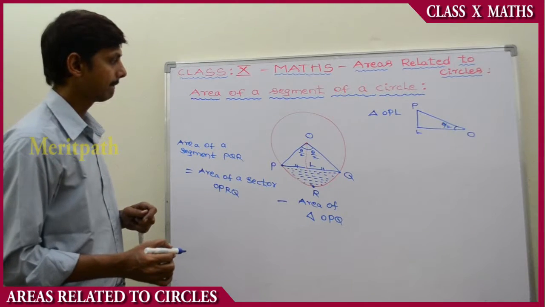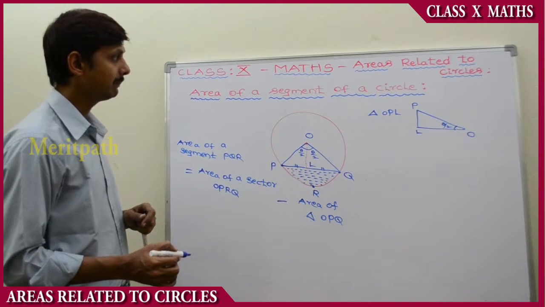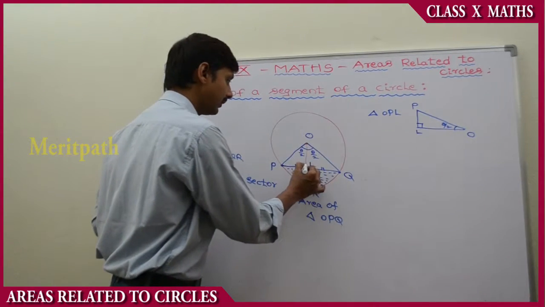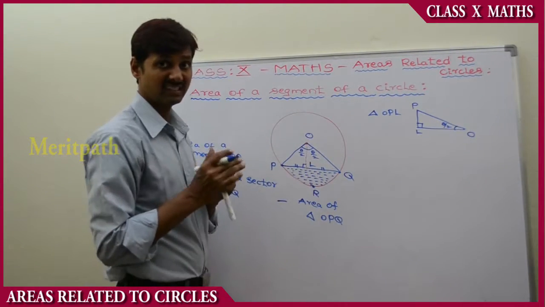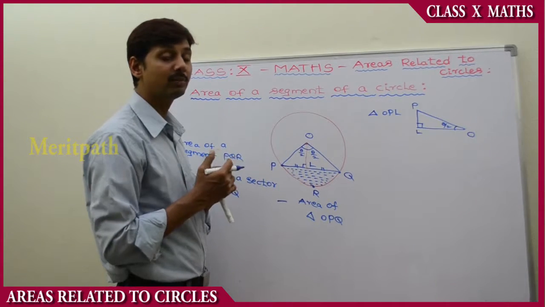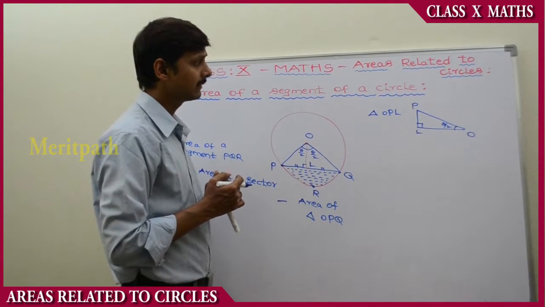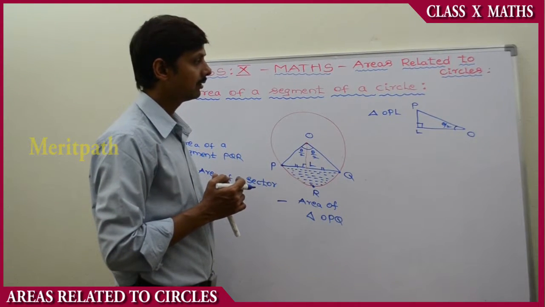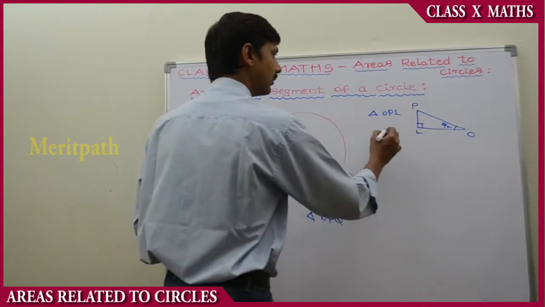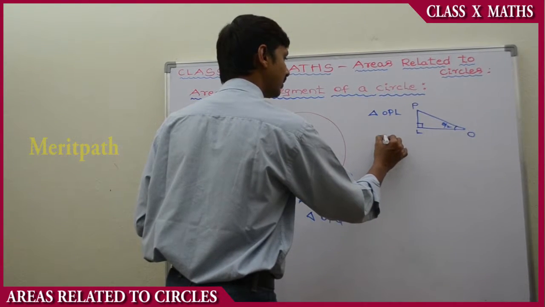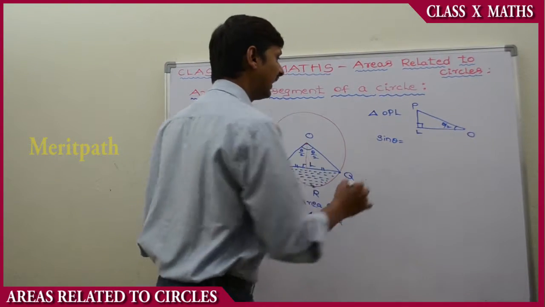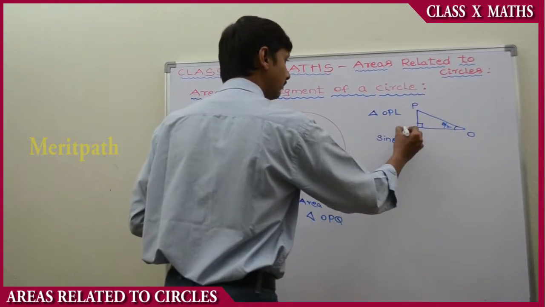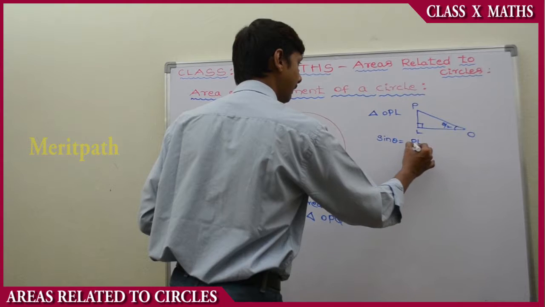So here, the opposite side is PL, where the angle is 90 degrees because we know it makes 90 degrees with the segment. It's because it is a perpendicular bisector. So 90 degrees. Using trigonometry, we can find out the sides. That is, sin theta is equal to opposite side by hypotenuse, that is PL divided by OP.